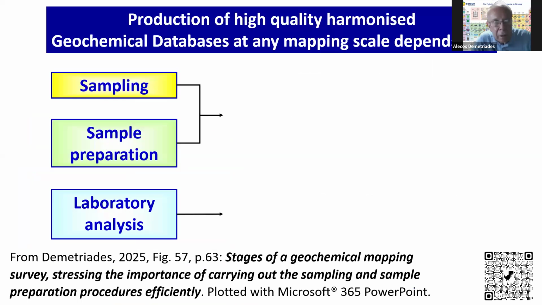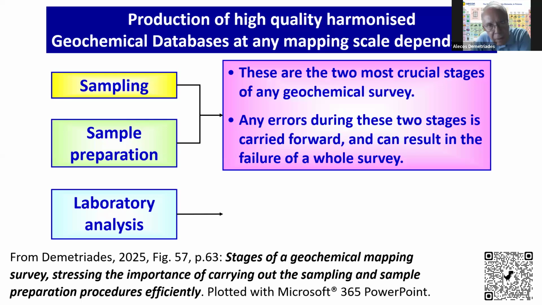Now, to produce high-quality, harmonized data sets, there are three stages that you have to be careful with: sampling, sample preparation, and laboratory analysis. Sampling and sample preparation are the most crucial stages of any geochemical survey. Any errors during these two stages are carried forward and can result in the failure of a whole survey.